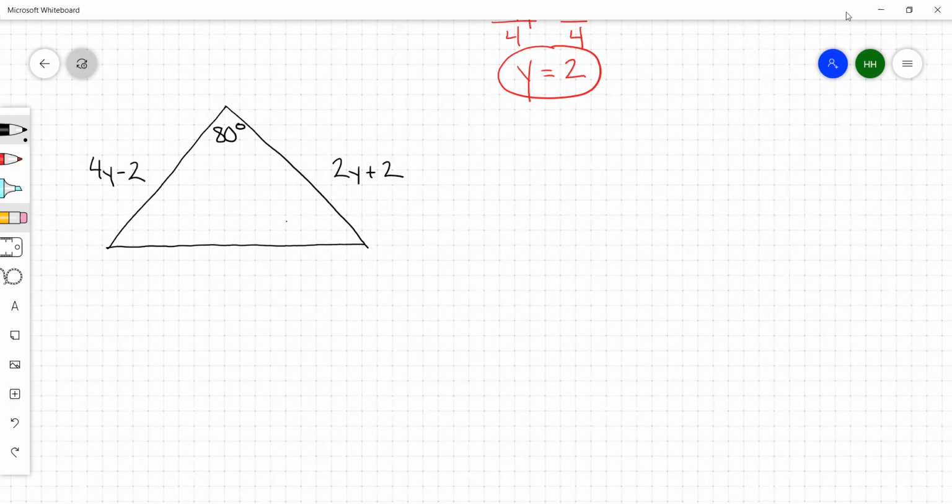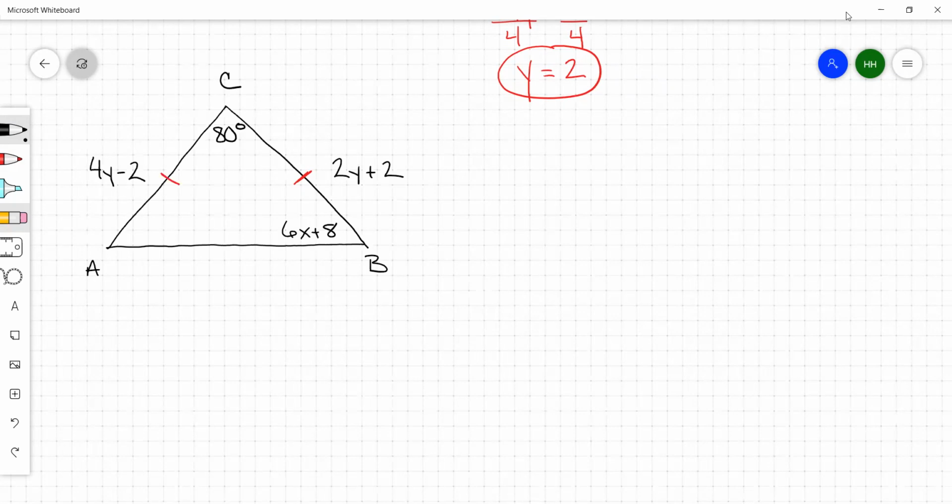We've got an angle that is 6x plus 8. And we've got these two sides that are congruent. I'm going to label these vertices to make this a little easier to talk through. We're going to call this A, B, and C.